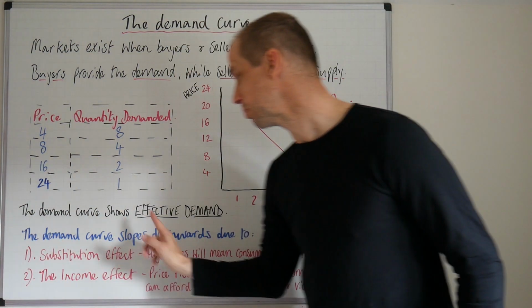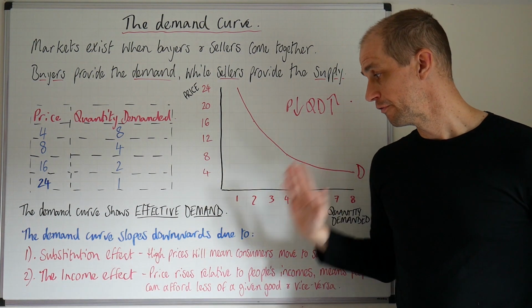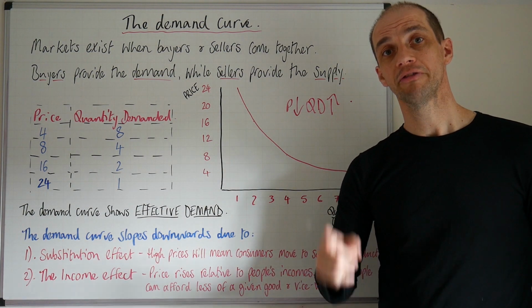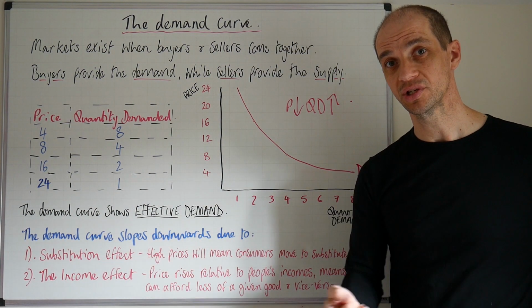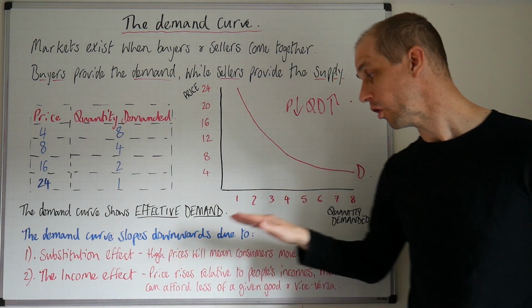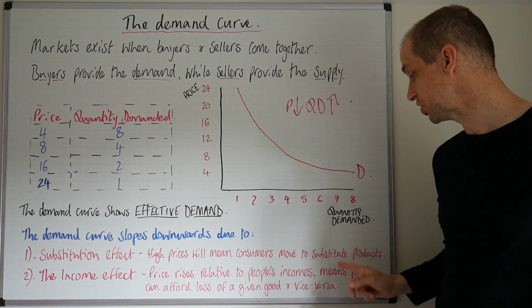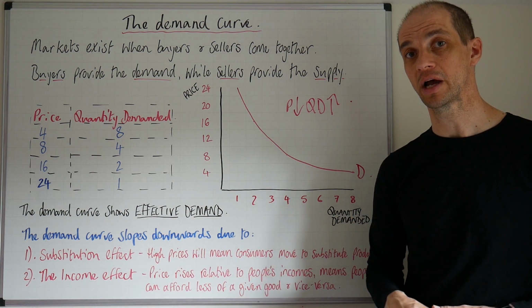Now the demand curve slopes downwards for 2 reasons. Firstly, number one, there's a substitution effect. High prices will mean consumers move to substitute products.